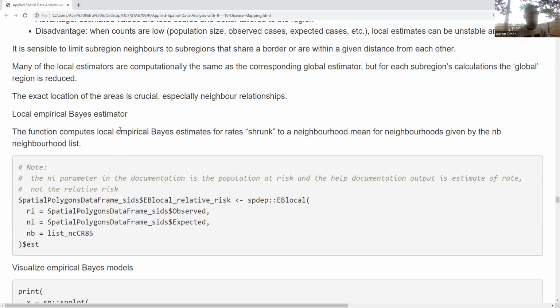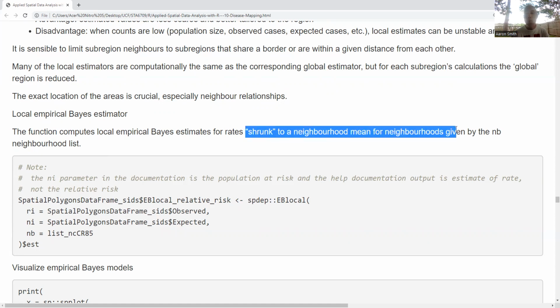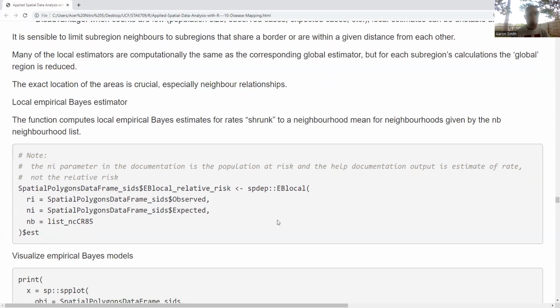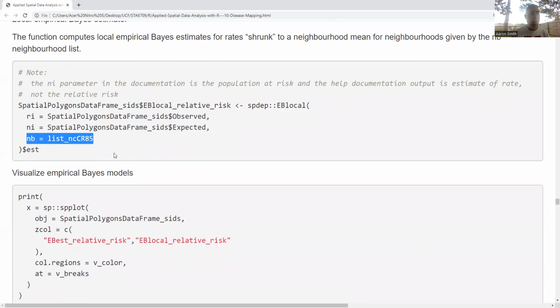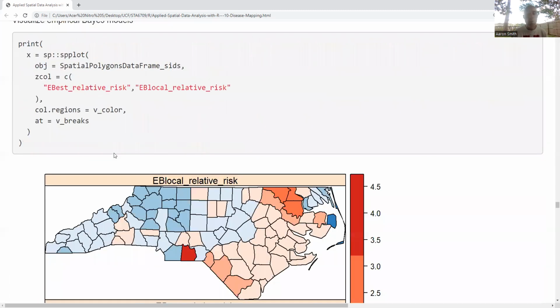We're going to compute the estimate shrunk down to a neighborhood mean of neighborhoods given by the neighborhood list. So here, when I do empirical Bayes local, once again, I give the observed, I give the expected. The difference from previously is I have to specify the neighborhood. Now let's go ahead and visualize it.